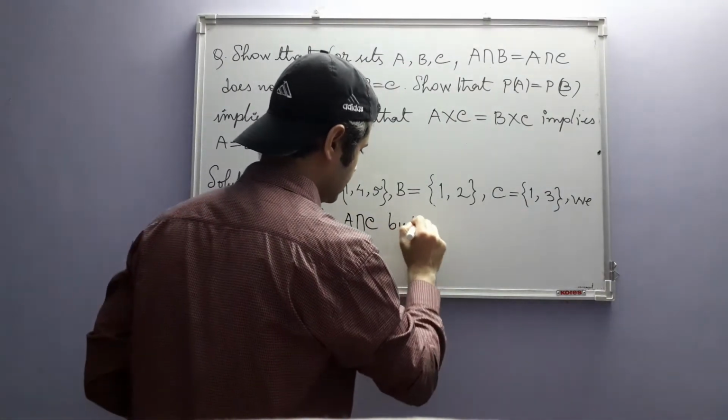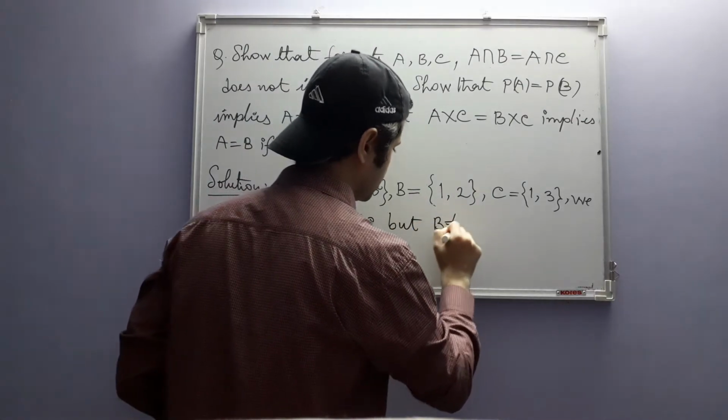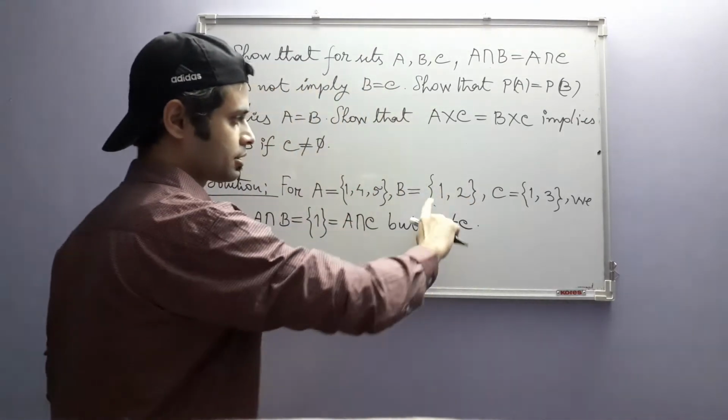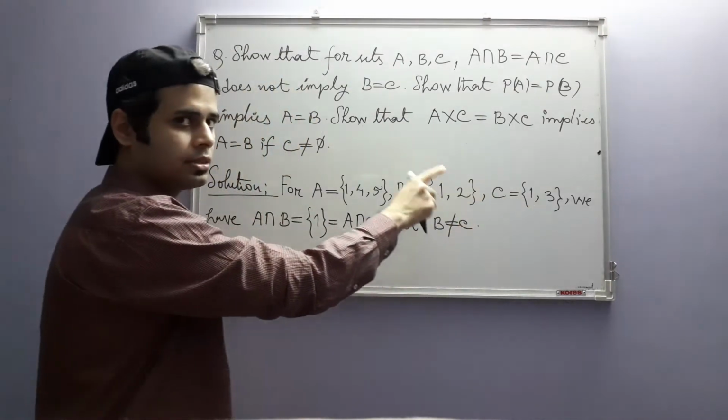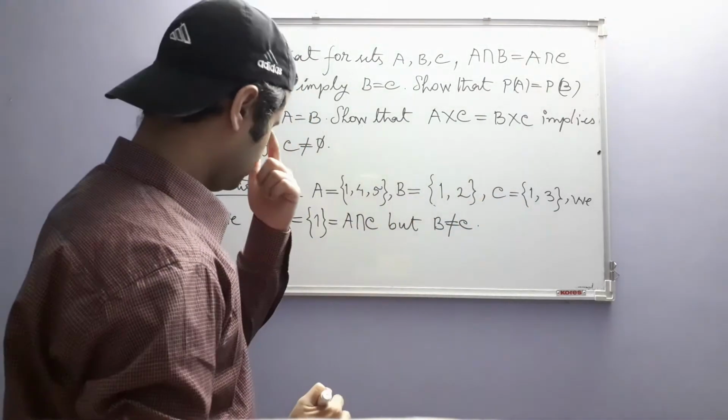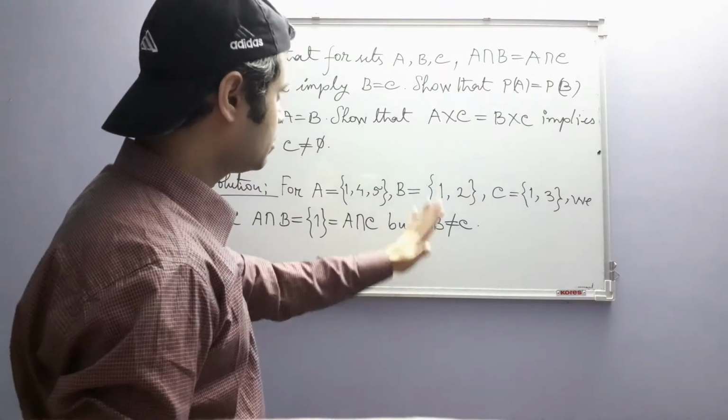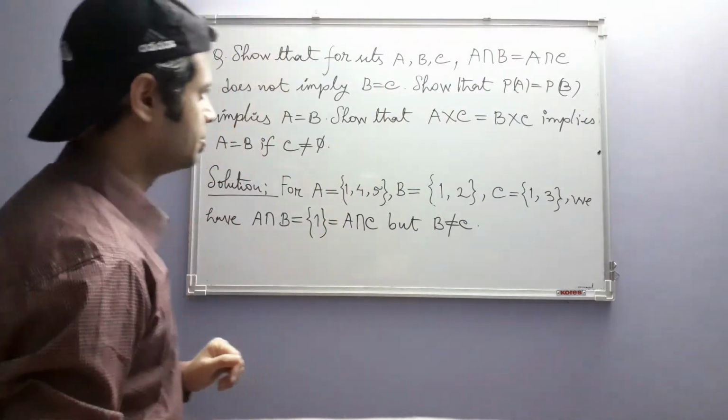But clearly B is not equal to C, because B has 2 which is not there in C, C has 3 which is not there in B. So this answers the first part of the question.